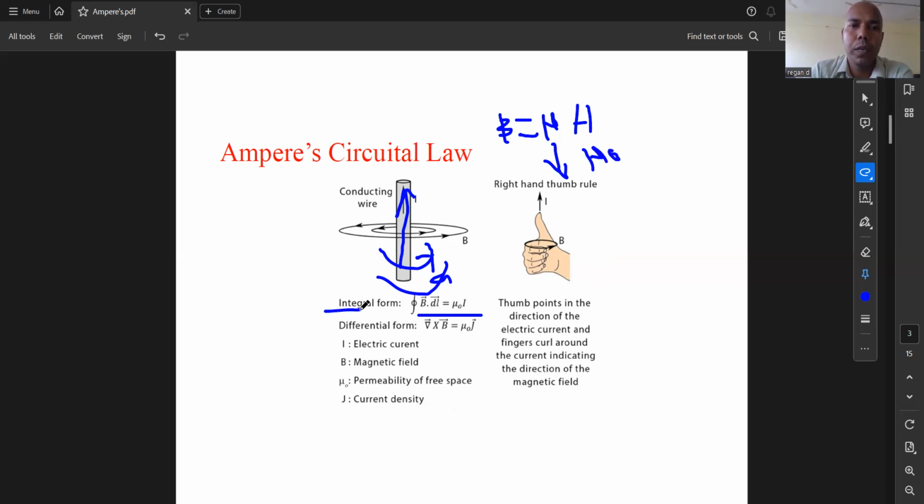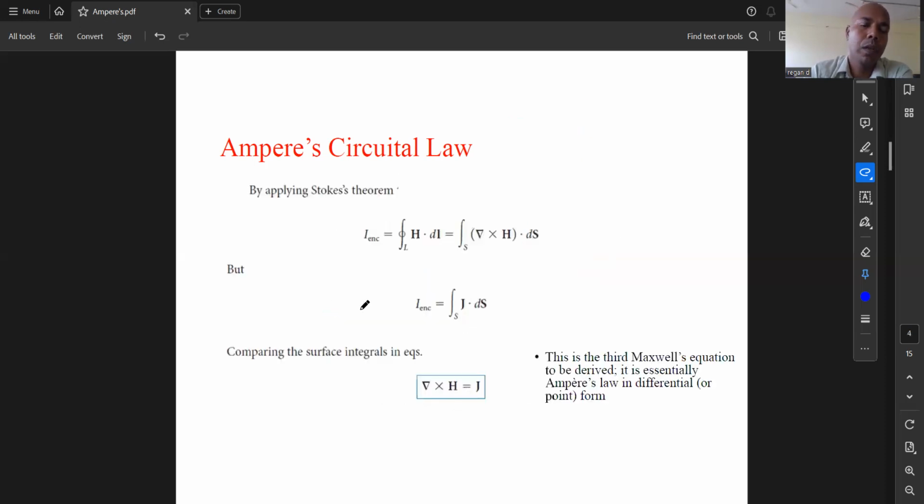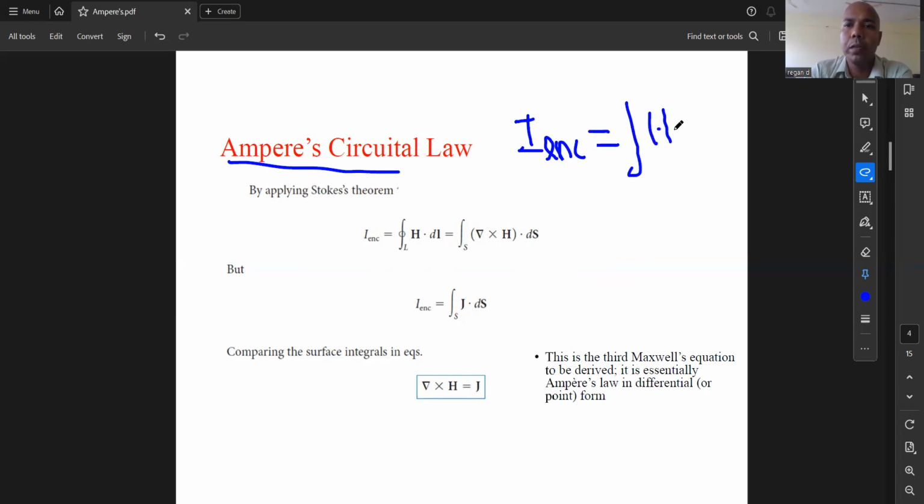So here, let's explore this in detail. By Ampere's circuit law, the current flowing through the closed loop, I enclosed, is equal to the closed line integral of H dot dl. Now we can apply Stokes theorem.